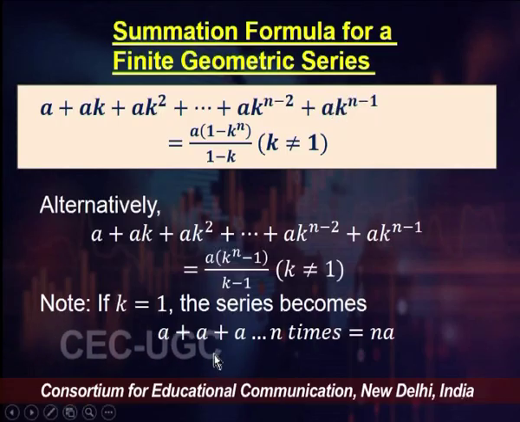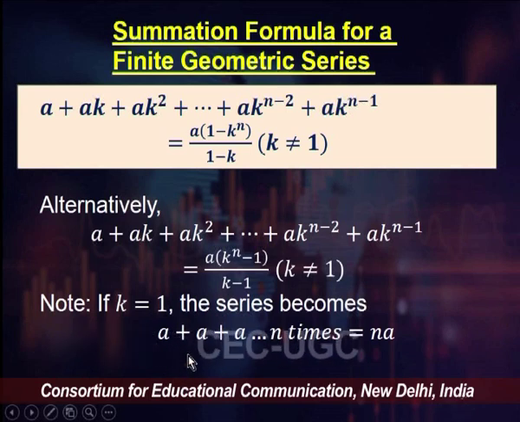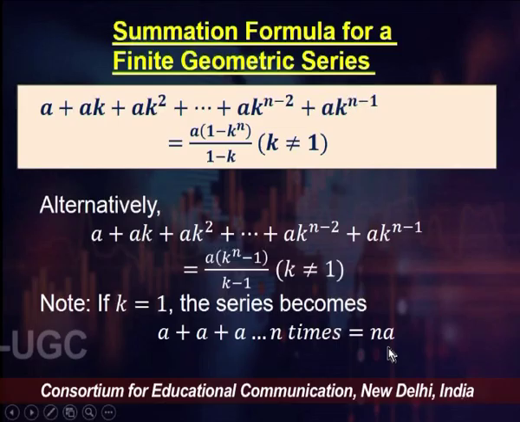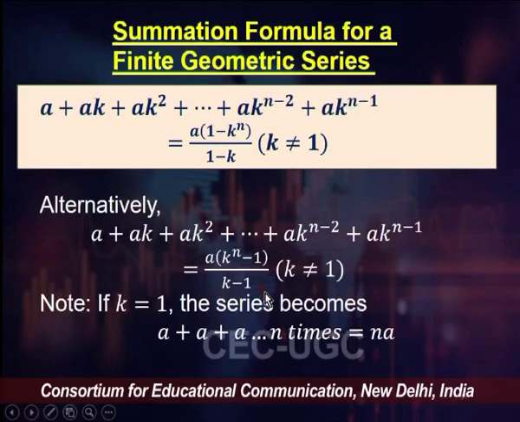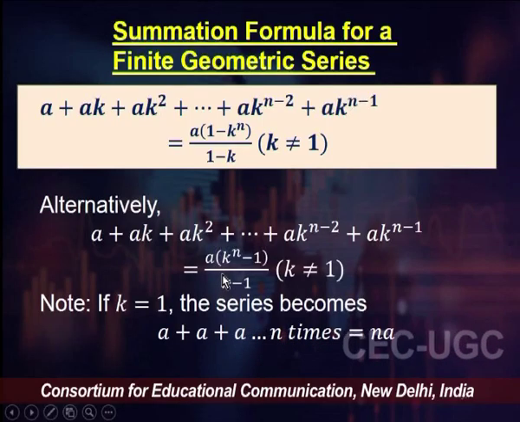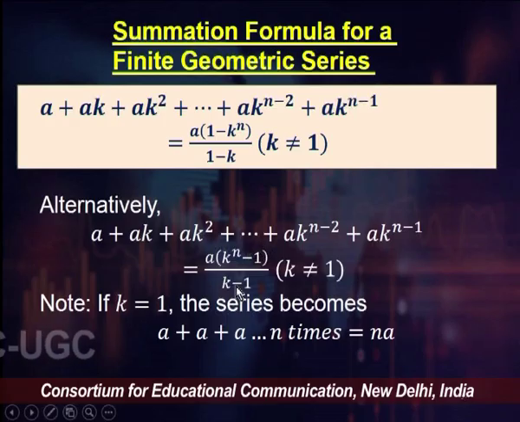So, when the value of k is equal to 1, you are simply adding up a n times, and the result is simply going to be n times a, right. It is a very simple result. You do not need to use this formula; it will not even work if k is equal to 1. So, this formula we will use when k is not equal to 1.